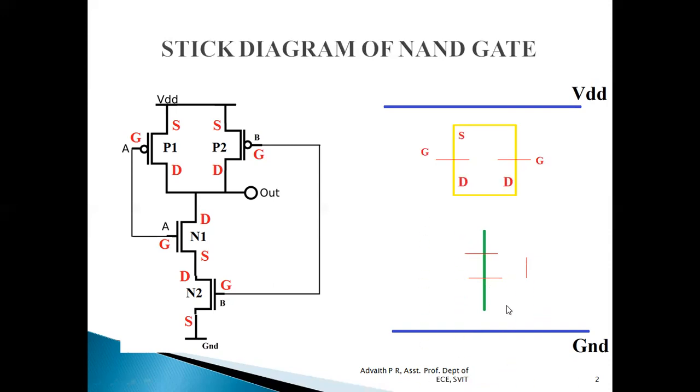Let us now represent the terminals of P1, P2, N1 and N2 with respect to the circuit diagram. However we have represented the terminals in the circuit diagram, the same way we represent them in our stick diagram. Next, we have to give connections.